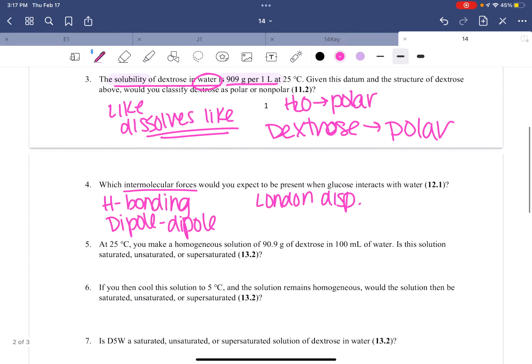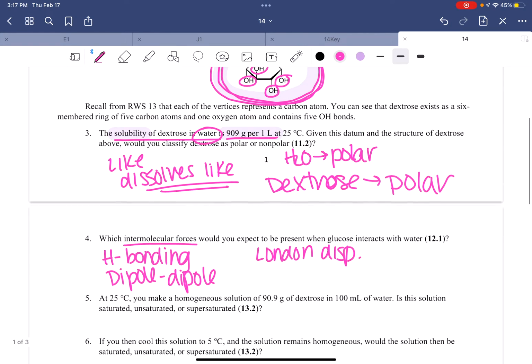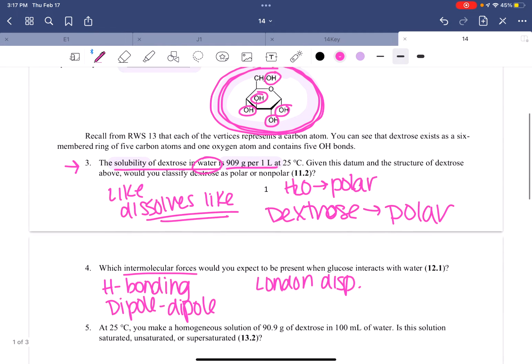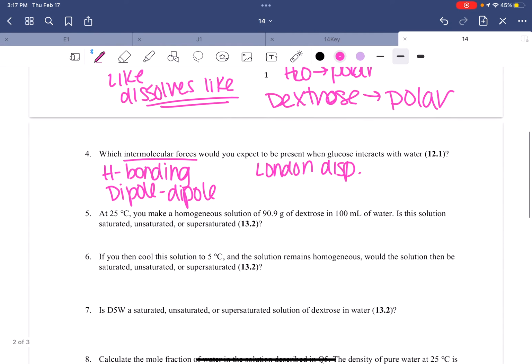So now we're going to go back to the solubility that we talked about in question 3, because question 5 is asking if we take a solution of 90 grams of dextrose in 100 milliliters of water, is this solution saturated, unsaturated, or supersaturated?